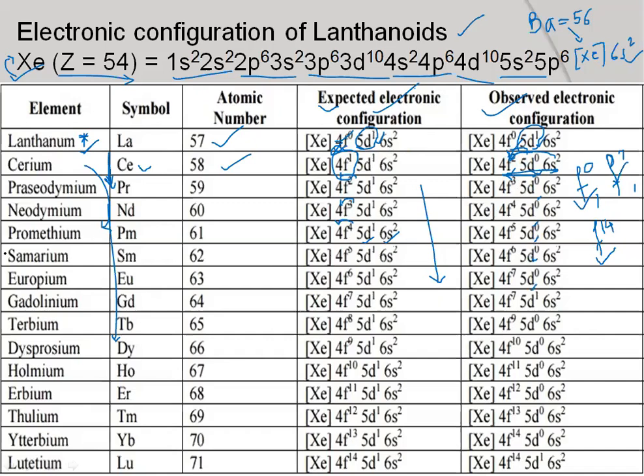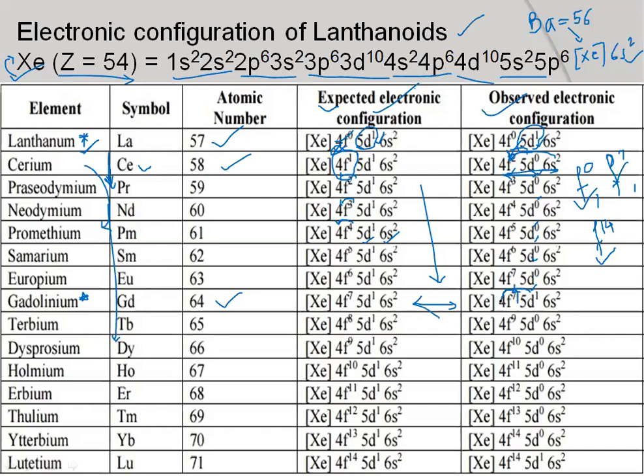But in case of gadolinium you have to remember this again with a star mark, whose atomic number is 64, whose expected and observed electronic configuration is the same. In this case, the electron will not jump from 5d to 4f. Why?